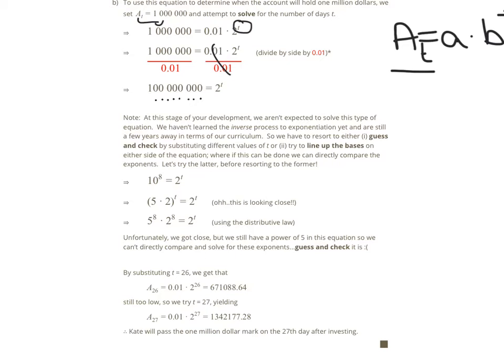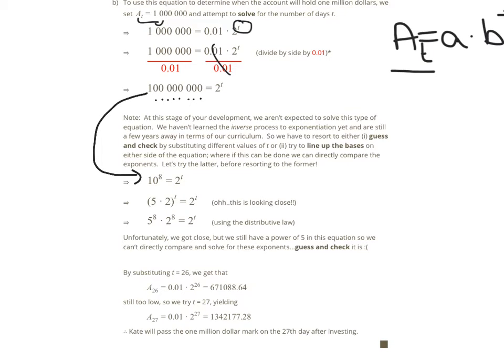So we can only get so close in this method unless I actually teach you log. If you put 10 to the power of 8 equals 2^t, we can try to break it down to solve, but it won't happen. You won't be able to even solve it that way. I will go into that. So you'll see what they've done here is they've said 10 to the power of 8.